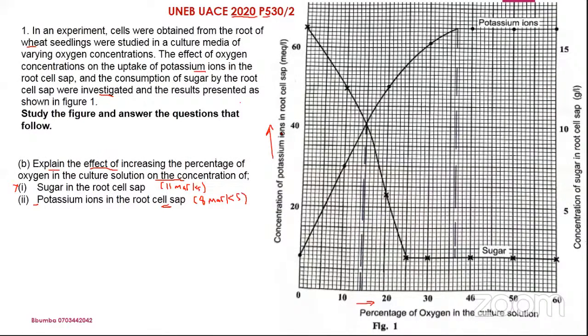This is because an increase in the oxygen concentration increased the rate of oxidation in respiration that yielded more ATP to facilitate active transport, which led to the rapid increase of uptake of potassium ions in the root cell sap.